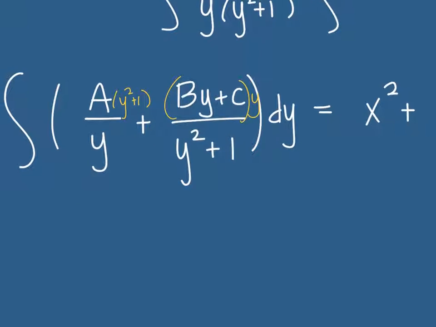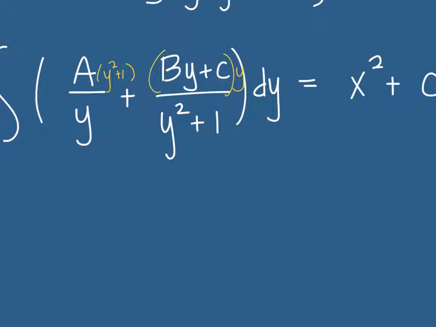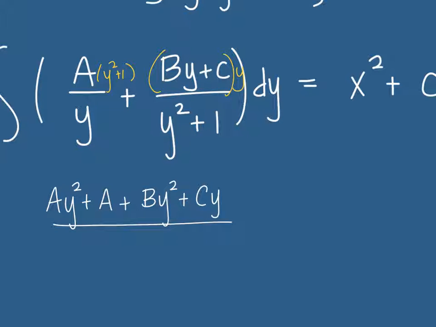Okay, still doing my algebra. So I now have A times y squared plus 1, plus B y squared plus cy, all of that over the common denominator y times y squared plus 1. Okay, now I have the common denominators, right?